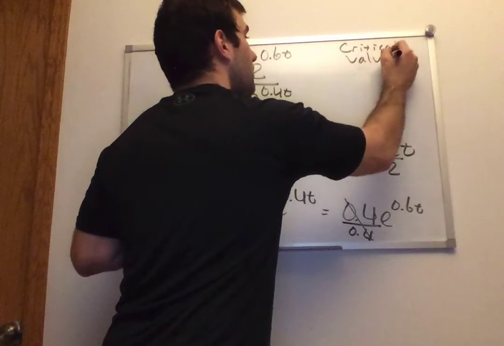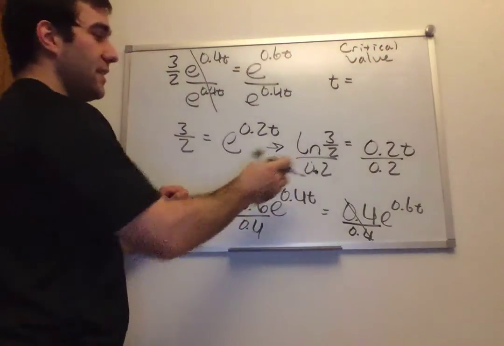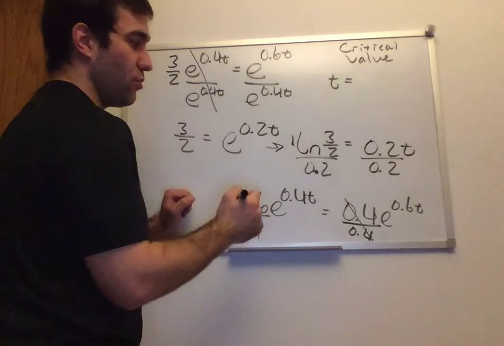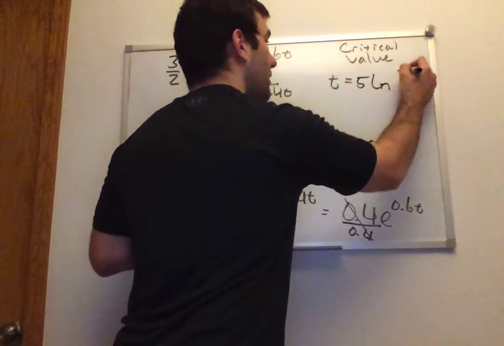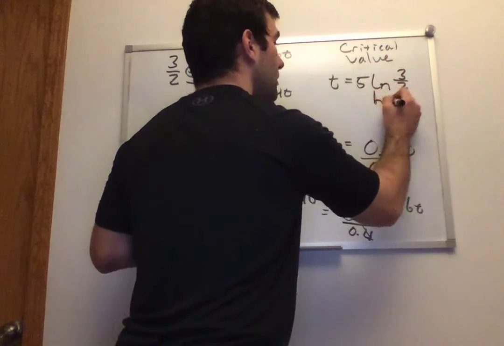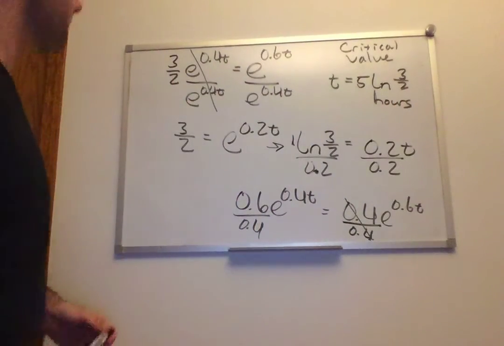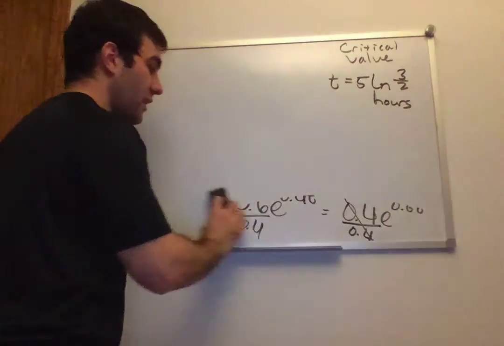Critical value is t is equal to, now instead of having a 0.2 on bottom, this is a 1 divided by 0.2. 1 divided by 0.2 is 5 ln of 3/2 hours. So there's our critical value.